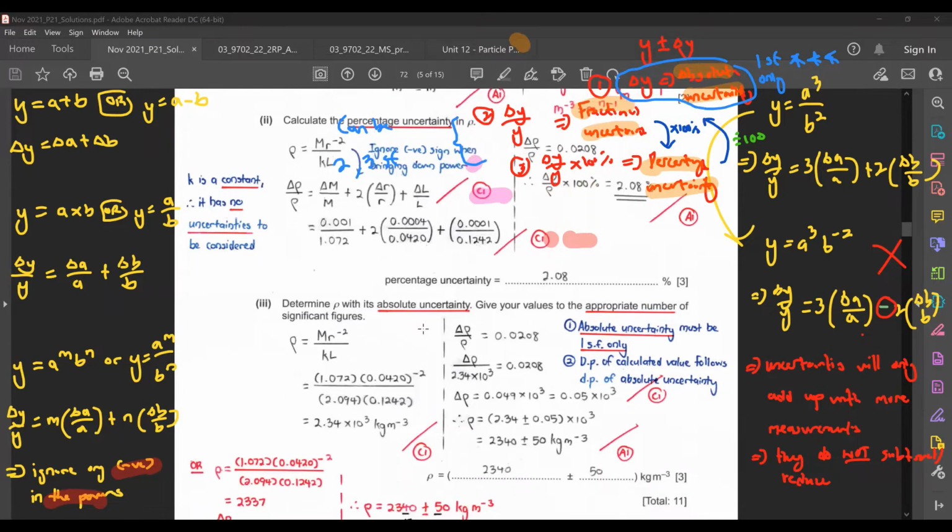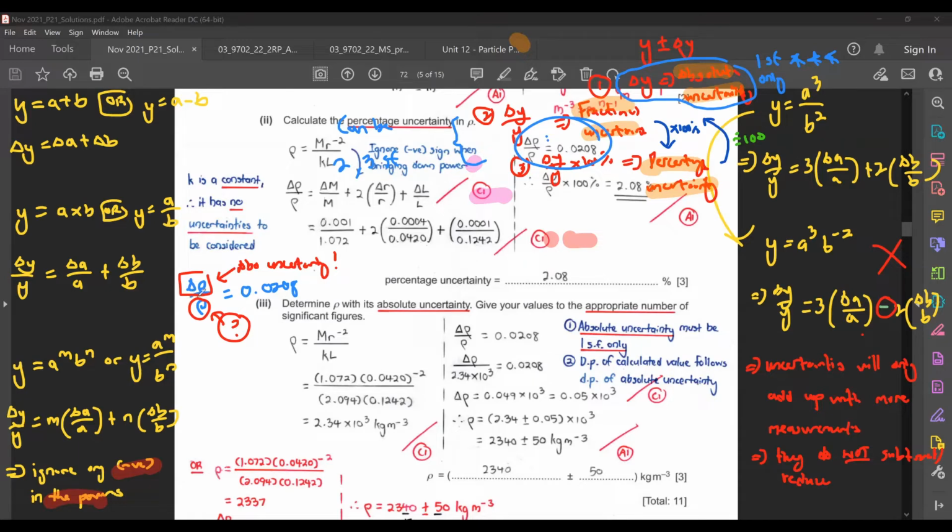If you know, for example, that delta rho over rho is 0.0208, which is what you did over here, and if you know what rho is, you can find out what this is. This one is your absolute uncertainty. So they're asking you for the delta rho here.